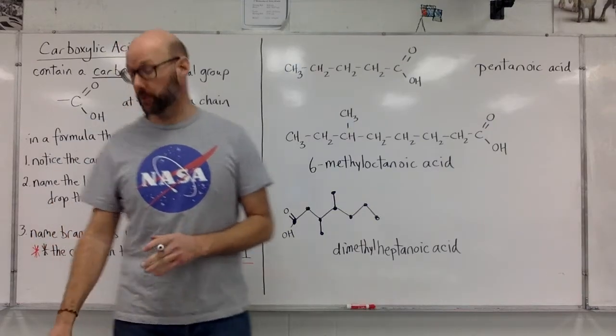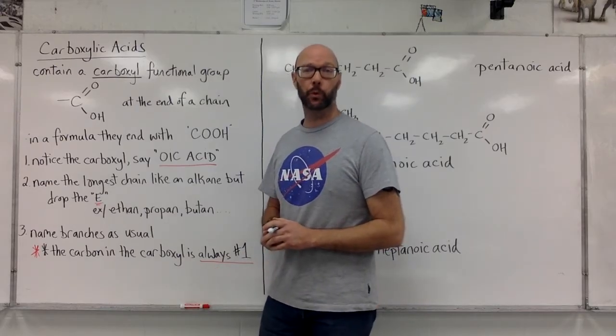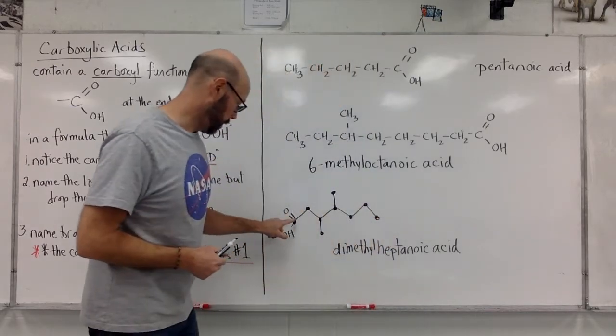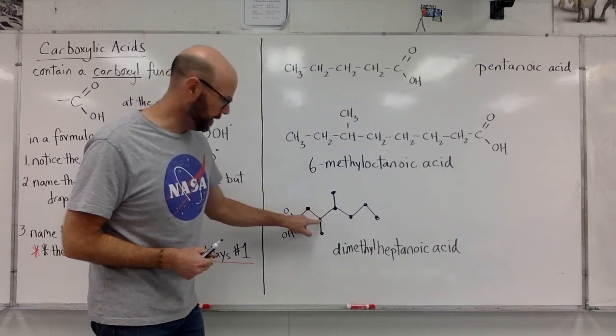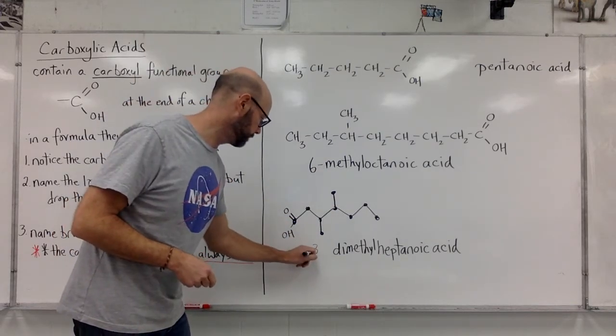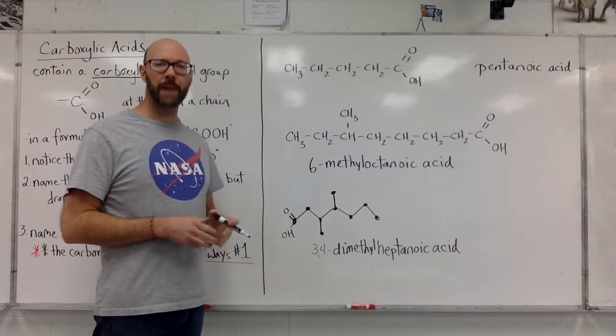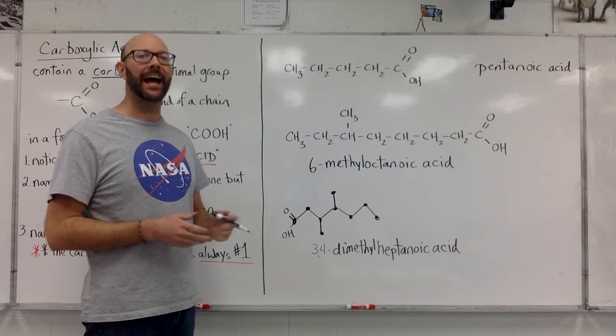We're going to start counting at the carbon of the carboxyl group. Carbon number 1, 2, 3, and 4 are where we find the methyls. 3,4-dimethyl heptanoic acid.